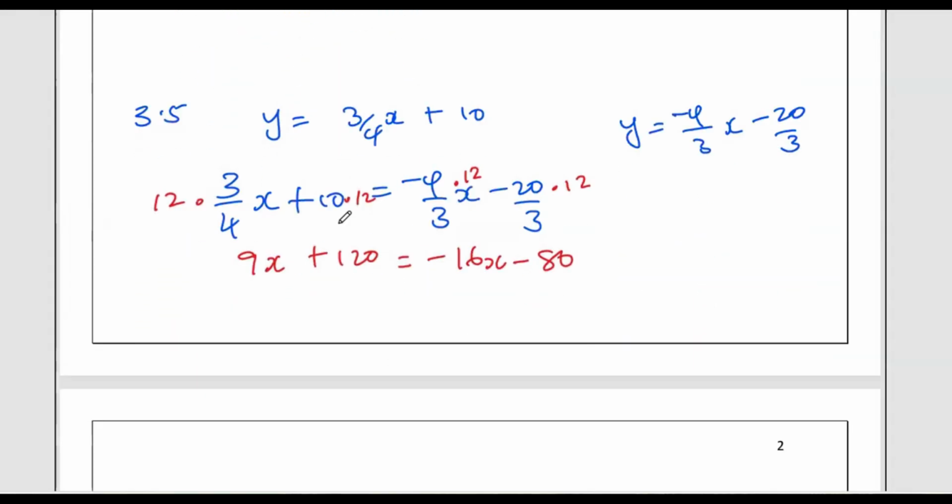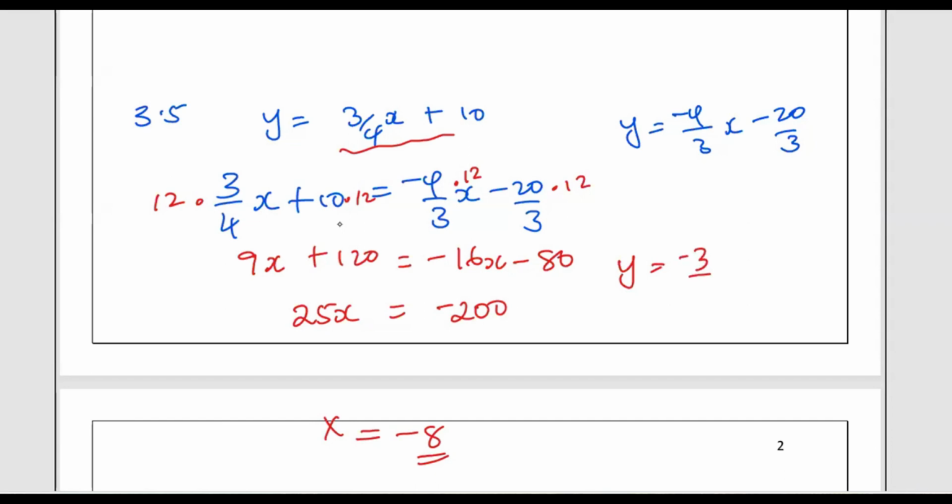Then I'll collect the like terms. I'll move the 16 that side, I have 25x. And then 120 moving that side, I'll have -200, meaning that our x is -8. Then I'll replace this -8 into this equation.